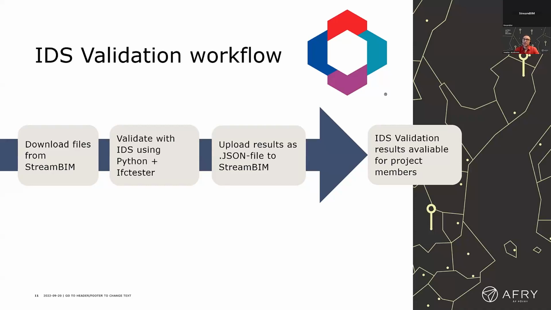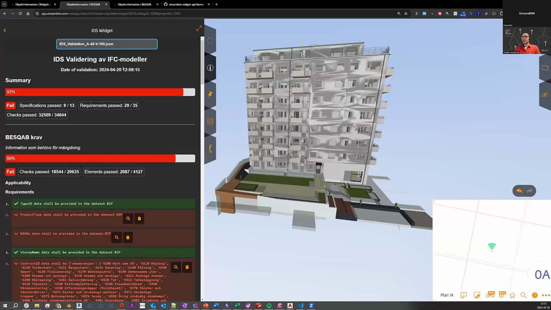And we upload the results from that validation. This is basically clash detection results, but it's about data. Then we upload it to StreamBIM, and that JSON file is accessible on this widget, and we render that information in a more readable format.